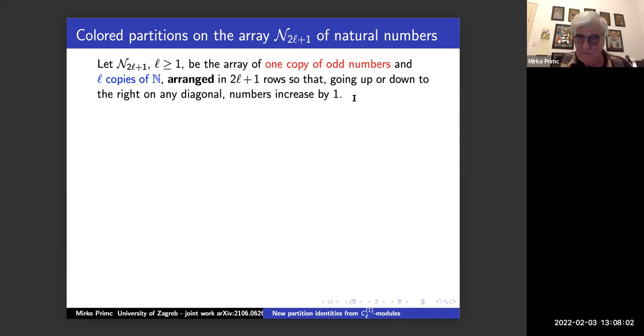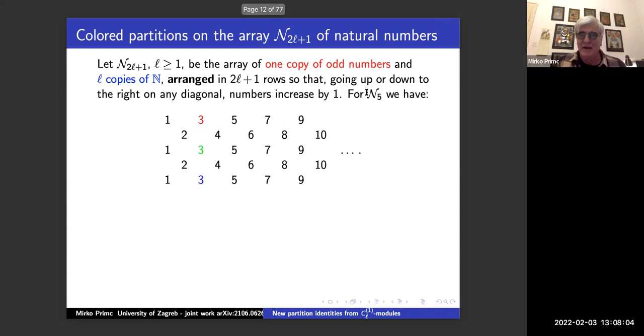So this should be something like that. For l equals 2, we have 5 rows, and we start with ones on the left, and going down or up on any diagonal, we increase numbers by 1. So starting with these ones, we can fill the whole array.